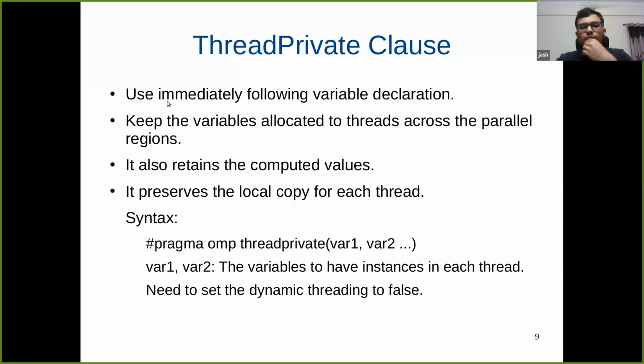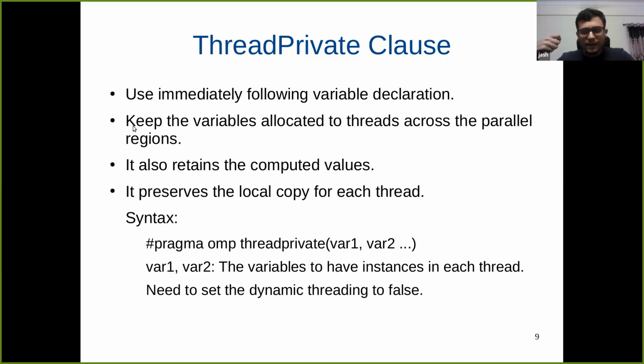Right. So as I mentioned, you can use this immediately following the variable declaration. It should not be within the parallel region, because essentially it needs the values to persist across the parallel regions. So its declaration can be well above the parallel region or just after the variable declaration.